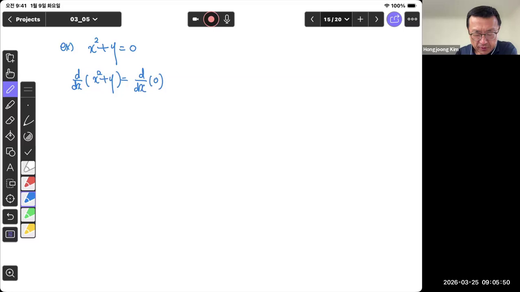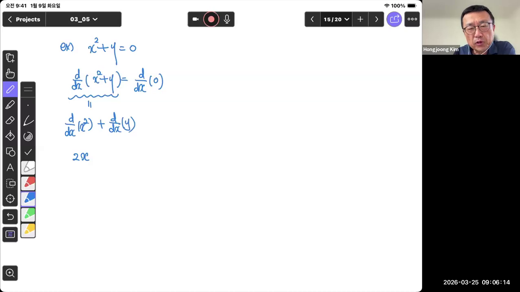The left hand side is the differentiation of x squared plus the differentiation of y. When I differentiate x squared with respect to x, you get 2x.